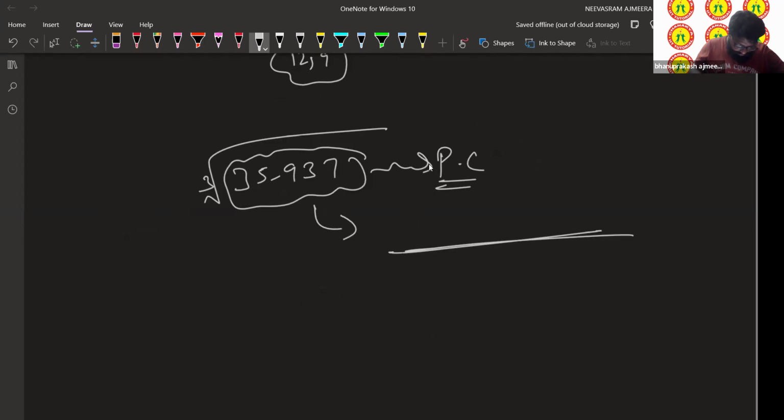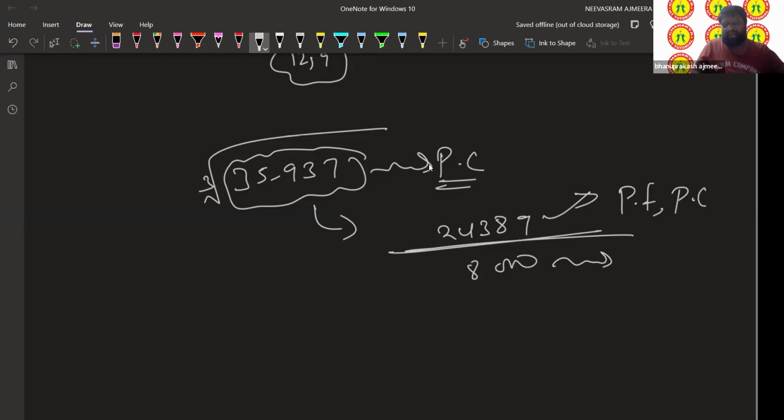Next, find the cube root of 24,389 by 8,000. This is also the same. For the numerator, you go for prime factorization and find the perfect cube.